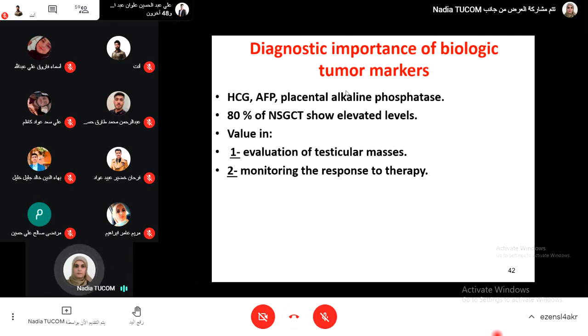If they are still high in the patient's serum after treatment, it means there is another focus, like distant metastasis, still secreting these tumor markers. They are also used for evaluating a testicular mass as benign or malignant according to the secretion of these biologic tumor markers in the serum and as tissue markers.